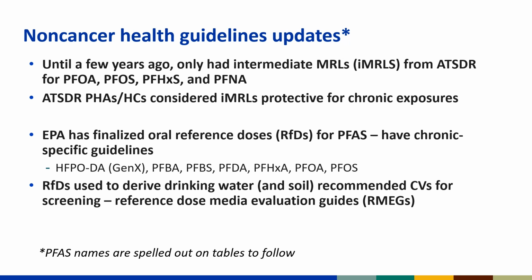But over the past few years, EPA has finalized chronic oral reference doses, or RfDs, for several PFAS. When available, the CVs derived from the RfDs, called RMEGs, have replaced intermediate EMEGs derived from intermediate MRLs as the recommended CV for screening in FAST.